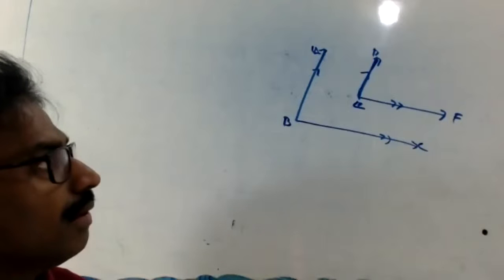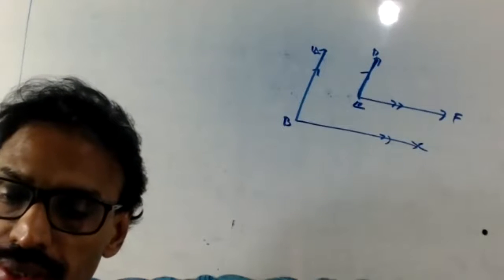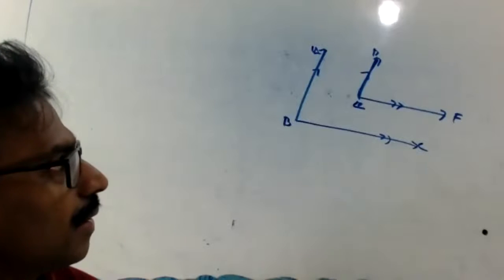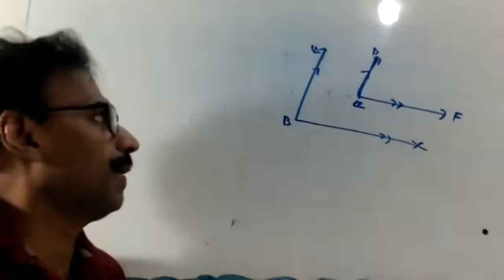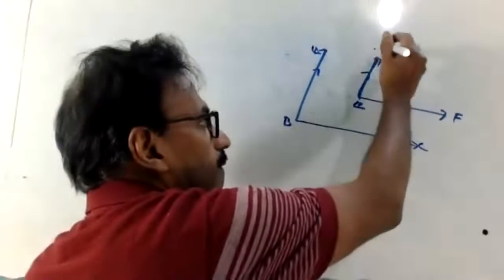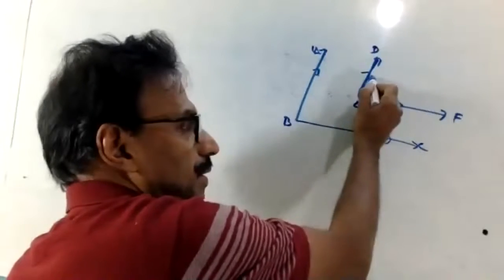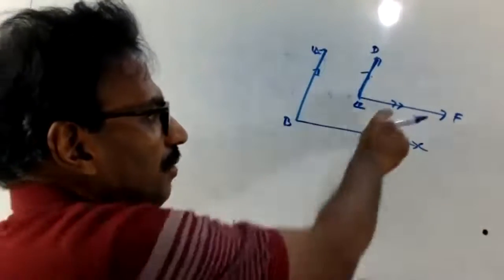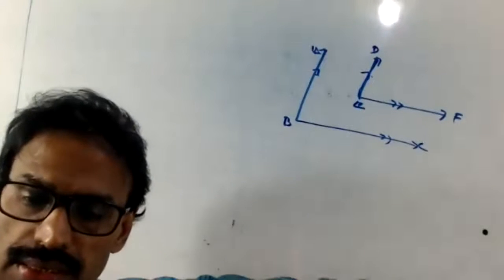So look here. In figure, AB parallel to DE. This is parallel to here. And EF parallel to BC.